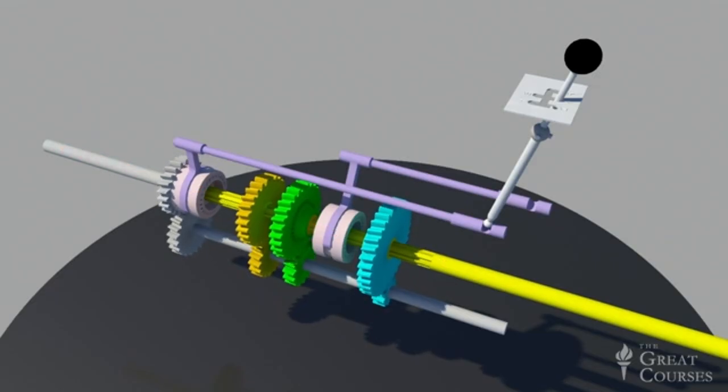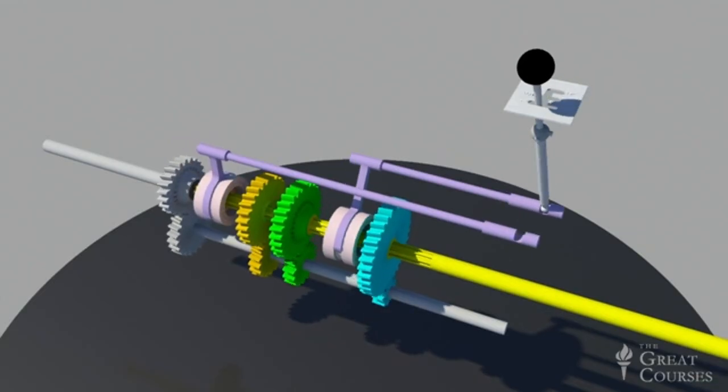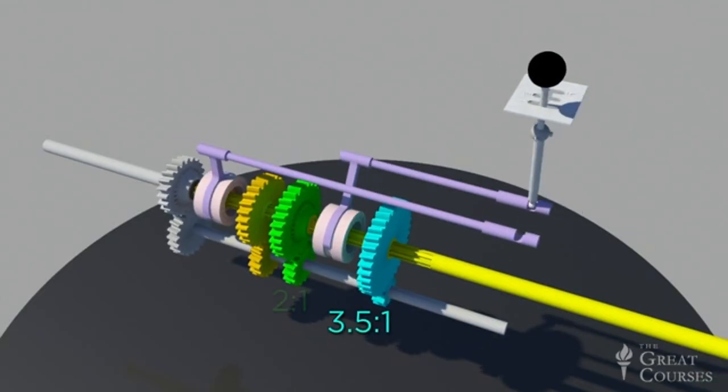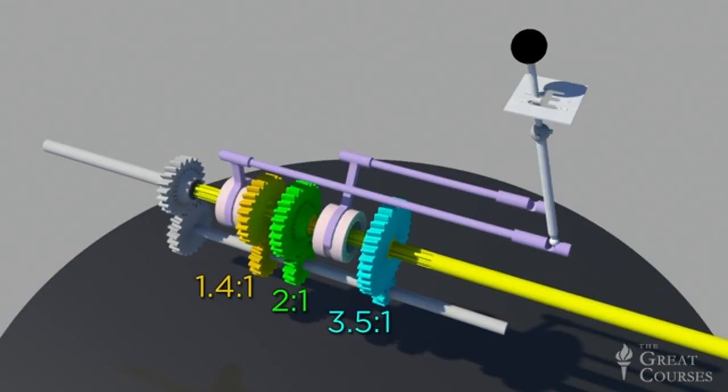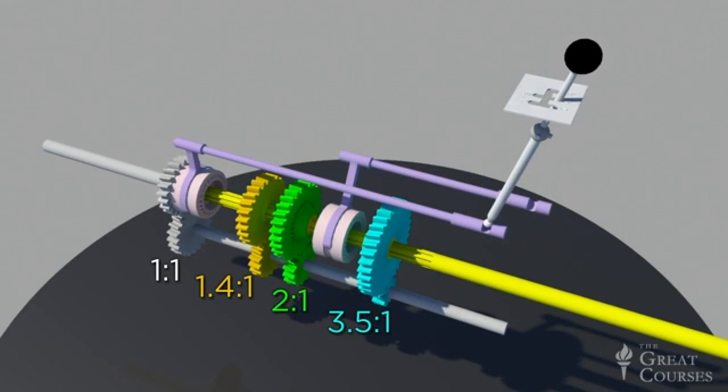Now note that for each successive pair of gears, the lay shaft gear is larger and the drive shaft gear is smaller. In my model, these pairs correspond to gear ratios of 3.5 to 1, 2 to 1, and 1.4 to 1. The direct connection between the input shaft and the drive shaft is effectively a 1-to-1 gear ratio for fourth gear.